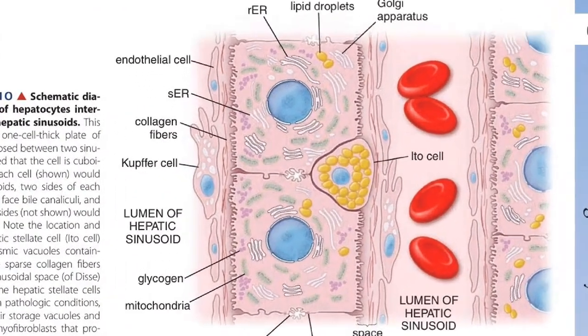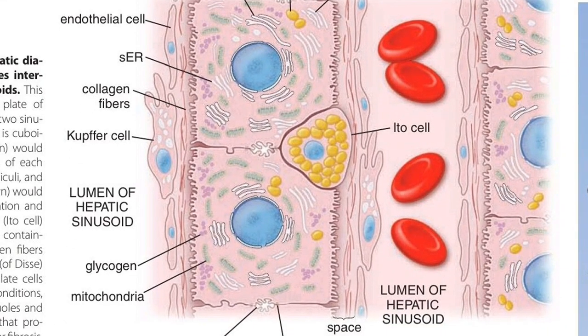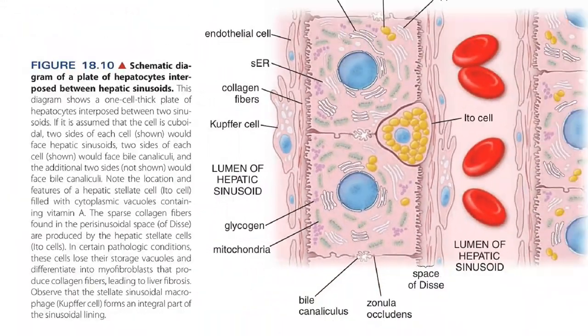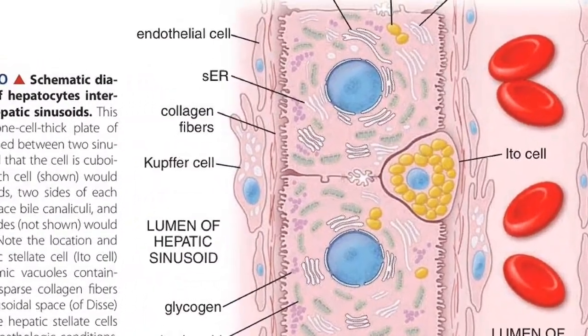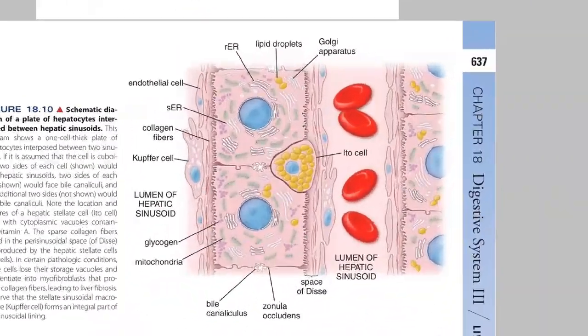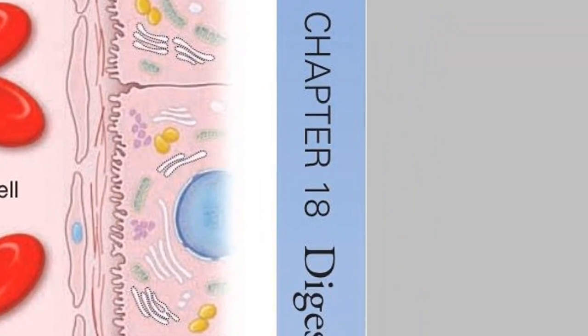Then this one, as you can see, this is the hepatocyte, and we know the entire row of hepatocytes is known as the lamina. Here on the left hand side this is one lamina, and this one is the other lamina.